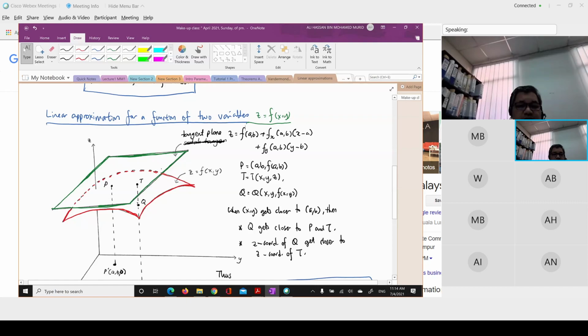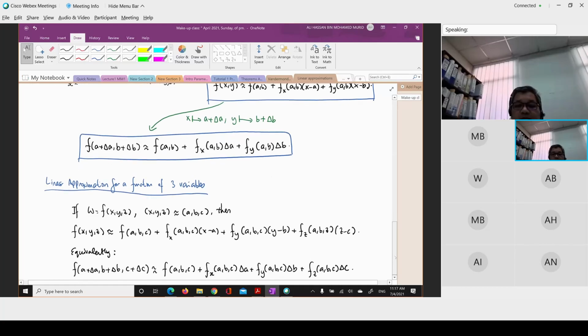If w is f(x,y,z) and (x,y,z) is close to the point (a,b,c), then we have this linear approximation formula for a function of three variables, or in this equivalent form, where I have replaced x by a plus delta a, y by b plus delta b, and z by c plus delta c. All right. So these are called linear approximation formulas.